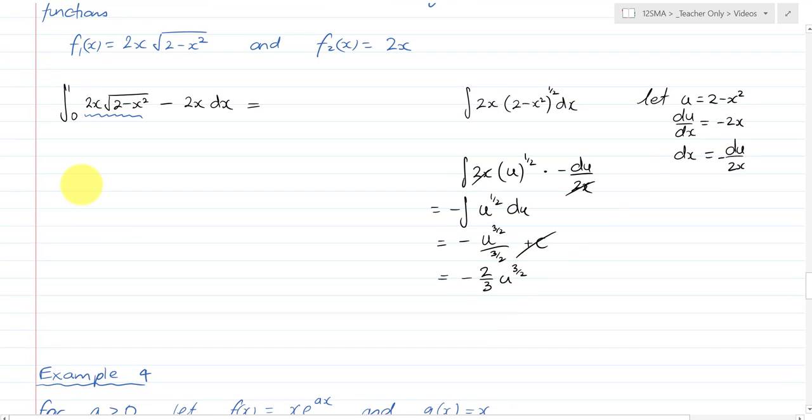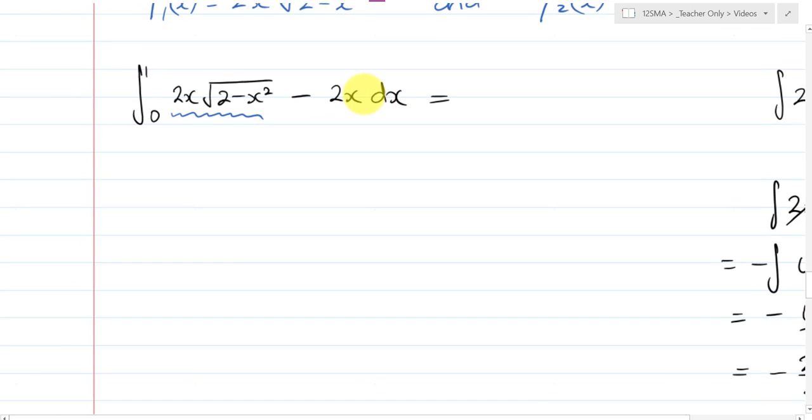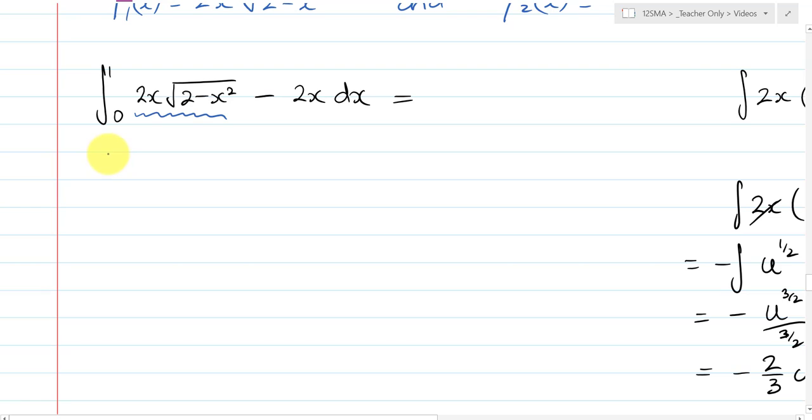So now, up here, let's carry on the question. The integral is negative 2/3 of u to the power of 3 over 2, but u is 2 minus x squared to the power of 3 over 2, minus the integral of this one, which is x squared, between 1 and 0.